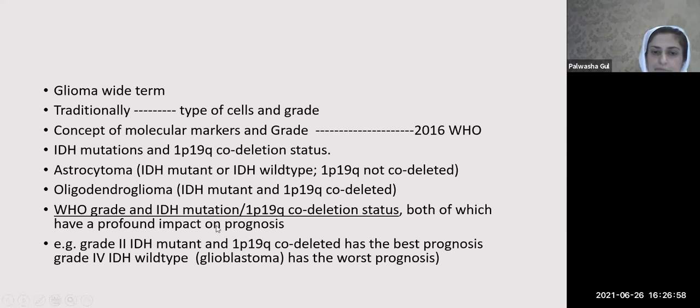And let's say you are dealing with grade 4 IDH wild type, which is a glioblastoma, it would have the worst prognosis, okay? So I don't say go into much of the details, but just go so that you're familiar with these molecular markers, the newer classification, how we are going to say it's oligodendroglioma, how we are going to say it's an astrocytoma, okay?